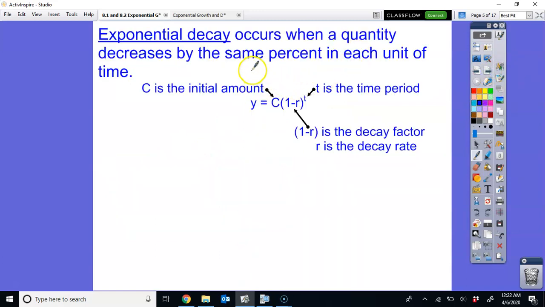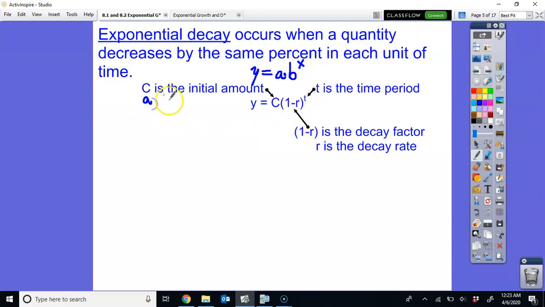So notice with exponential decay, very similar to exponential growth, you could have a times b to the x just like before, or you could have c times 1 minus r to the t power.